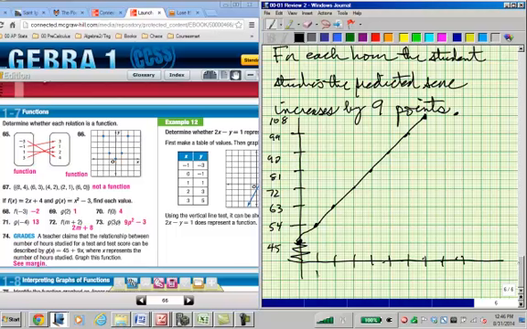Okay, so here are the hours: 1, 2, 3, 4, 5, 6, 7, 8, 9. Now, I'm going to have a little gap here, then start at 45. And then I increase by 9s since that's the slope. So if it goes up 1 hour, then the score goes up by 9.